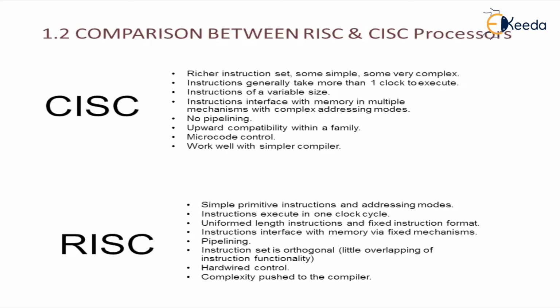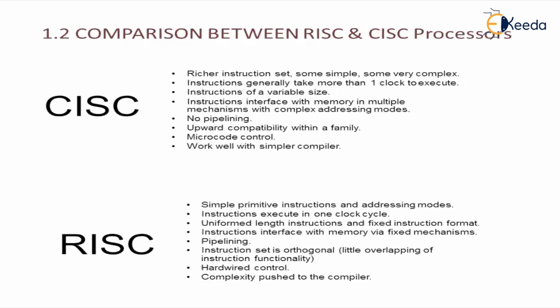When it was being coded on microcode, the control was called microcode control. And it worked well with a simple compiler. If your compiler, which compiles, decodes and encodes the instruction, is complex, CISC will fail.